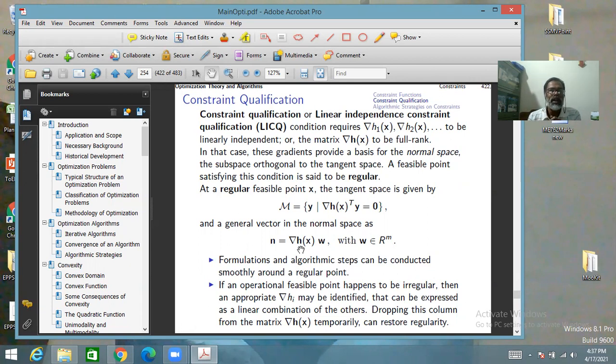Okay, so this is how you handle it. So for the analysis of the tangent space, you drop this particular column from grad hx temporarily, and that can restore regularity for the purposes of analysis.